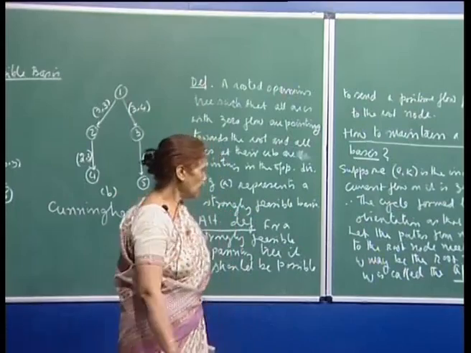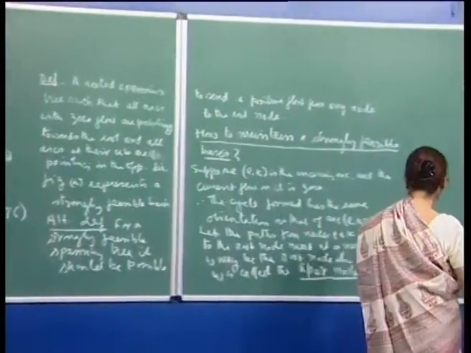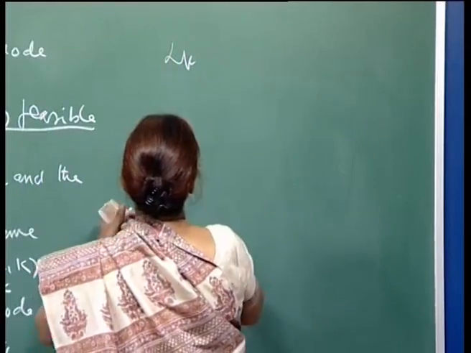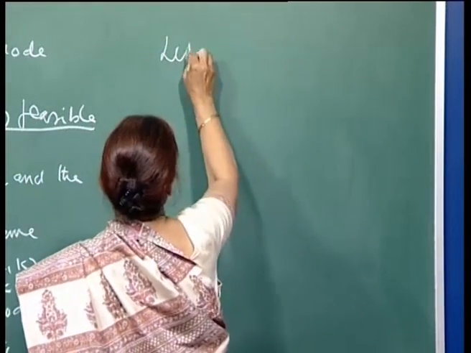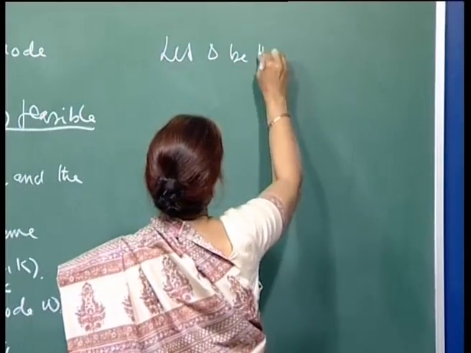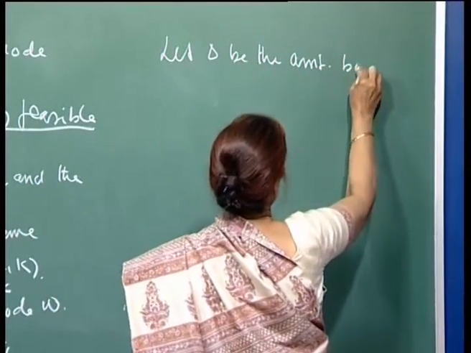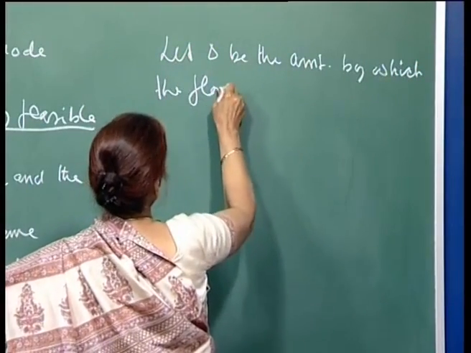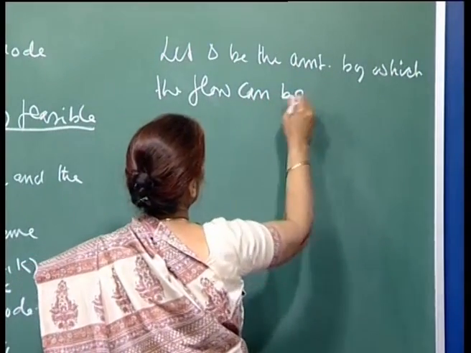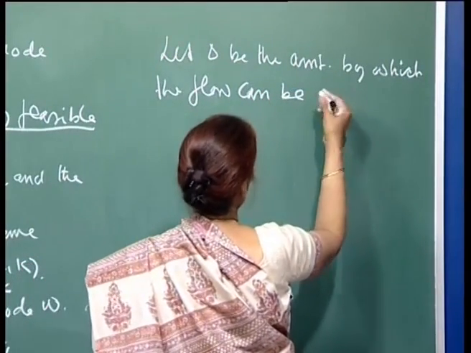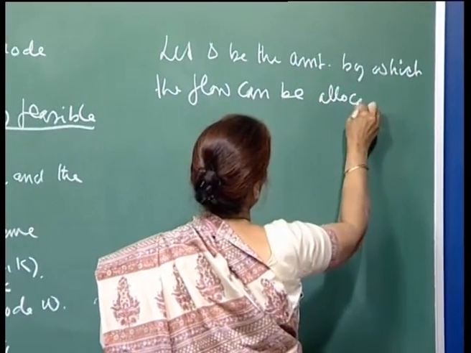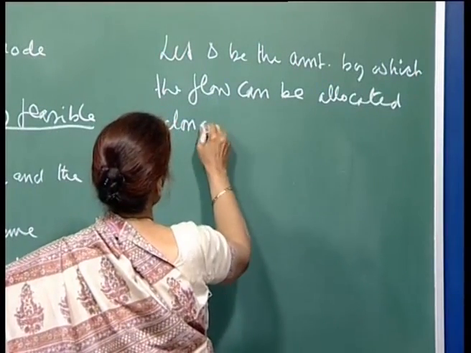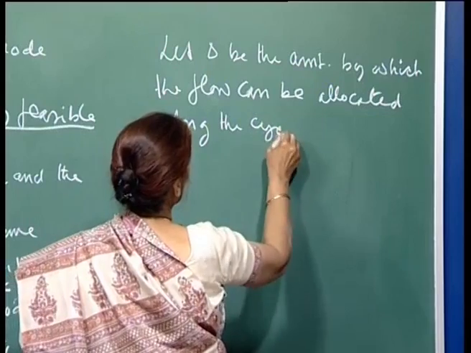And then this rule is simple. So, determine, and suppose now let delta be the amount by which the flow can be allocated, or actually reallocated, along the cycle, right.